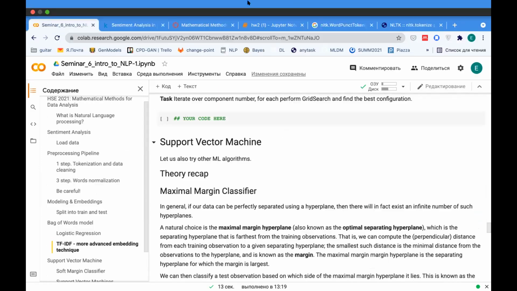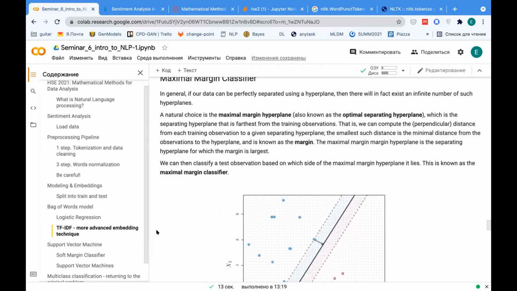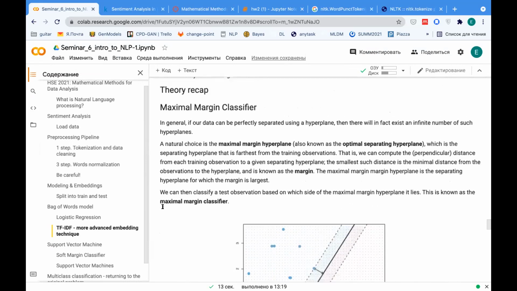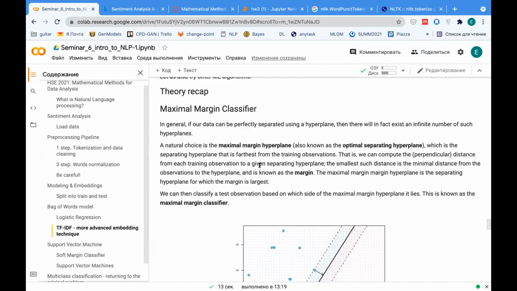Okay, you see we don't have a lot of time, so let's go to support vector machine. Let's quickly remember what it is. So the most simple case is when we have just the maximum margin classifier.